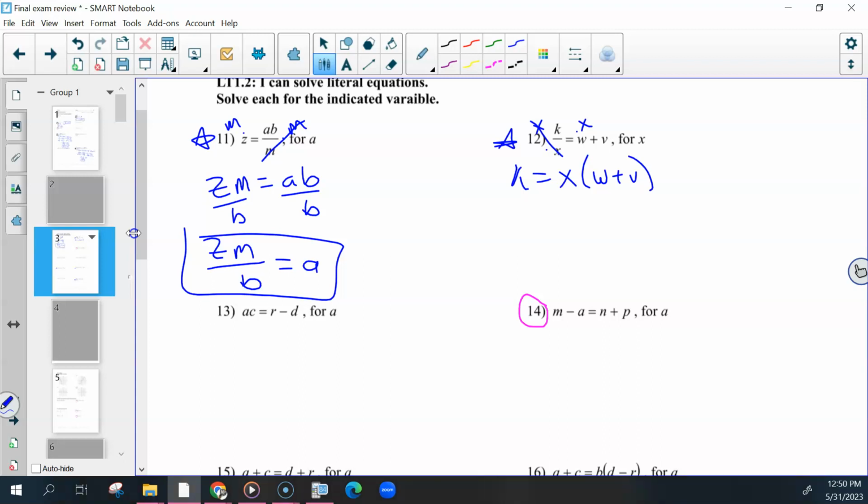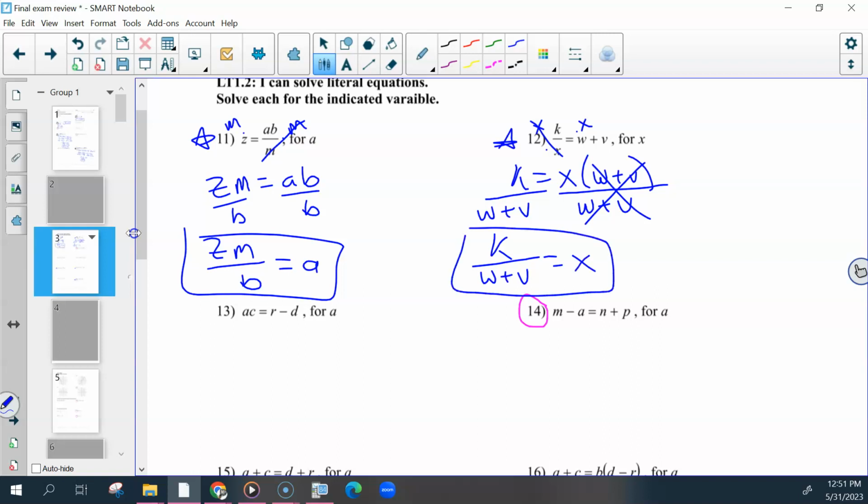But we could divide both sides by w plus b. So that k over w plus b equals x. Questions on that? Were you about to ask something, Brian?